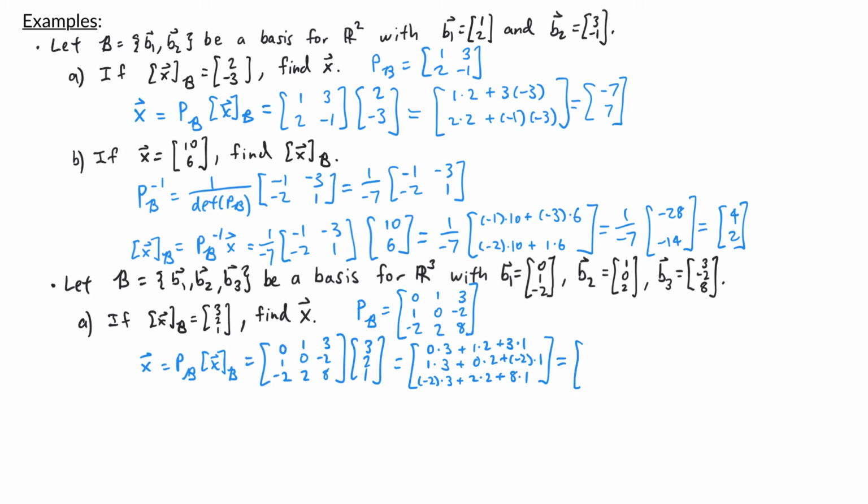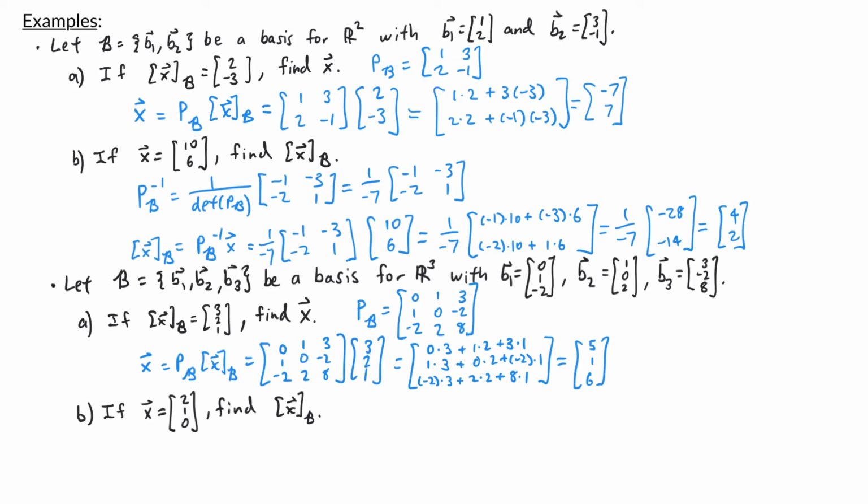This simplifies to (5, 1, 6). So if the B-coordinates for x are (3, 2, 1), then the standard coordinates for x are (5, 1, 6). In part B, we're given that the vector x is (2, 1, 0), and we're asked to find the B-coordinate vector for x.